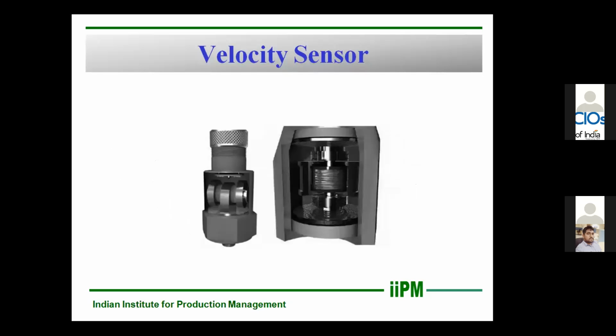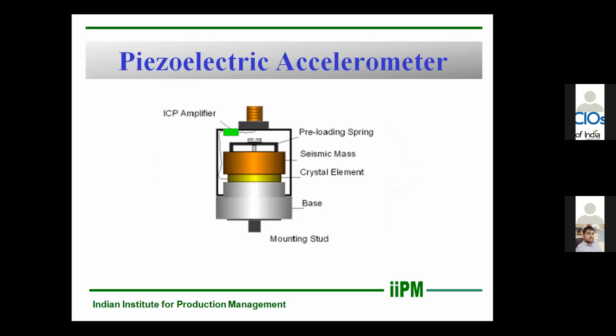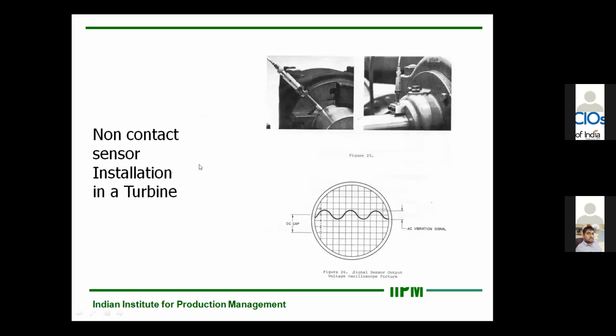Then the velocity sensor. Nowadays they are not using it; in today's generation they are using the piezoelectric accelerometer. In most analyzers we have a piezoelectric accelerometer, because you can measure acceleration, then by single integration you can measure velocity, and by double integration you can measure displacement. In the case of a displacement sensor, you get only the displacement reading.